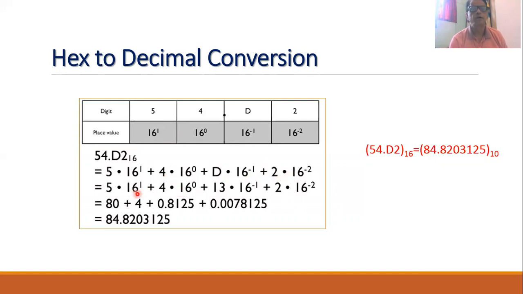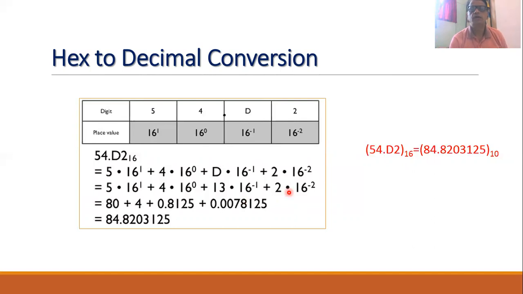So you will find that 5 into 16 becomes 80. 4 into 16 raised to 0 becomes 4 because 16 raised to 0 is 1. Then D is being represented by 13, and therefore 13 into 16 raised to minus 1, that is 13 divided by 16, and it will be 0.8125. And 2 into 16 raised to minus 2.